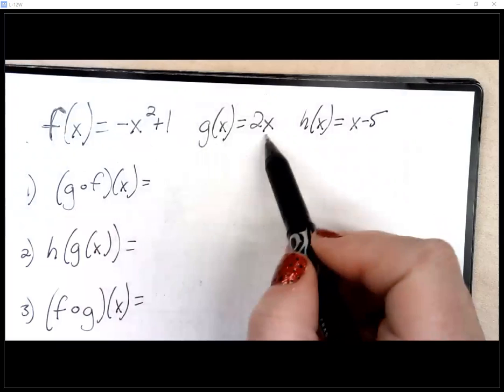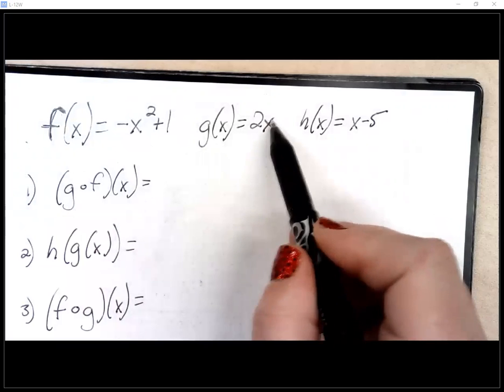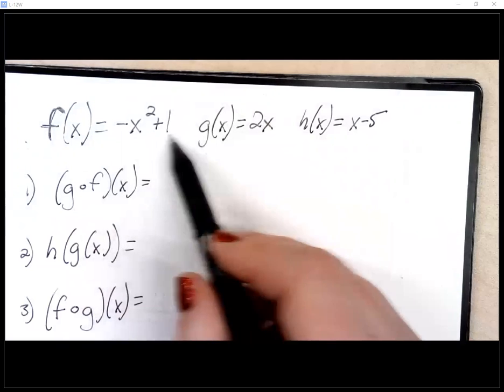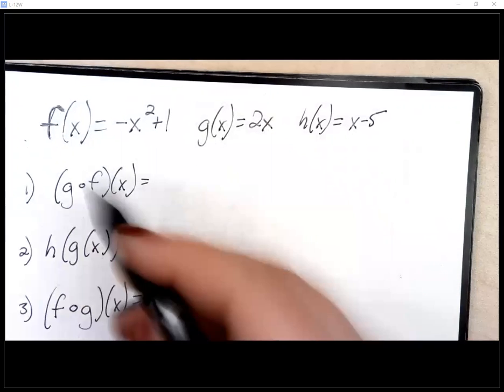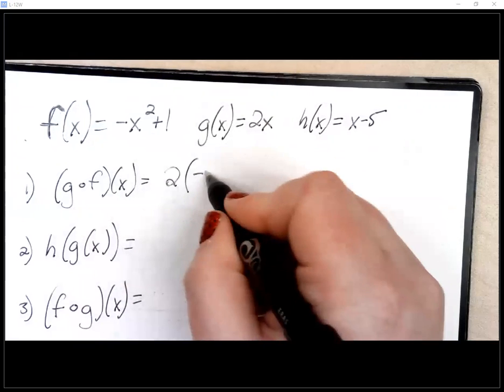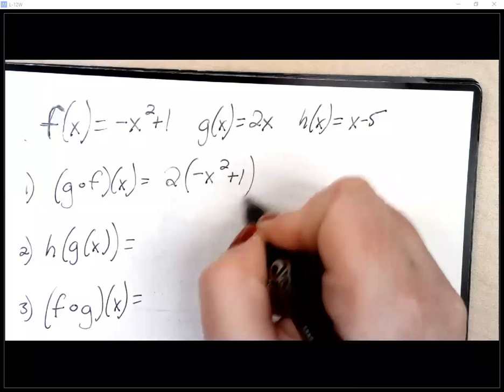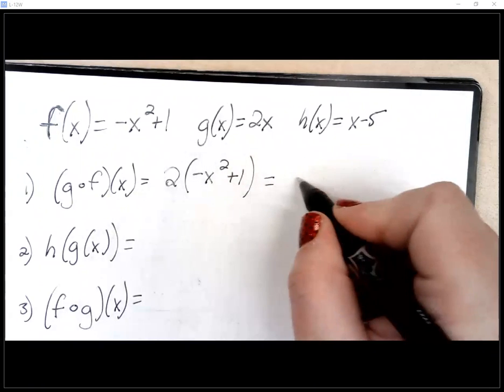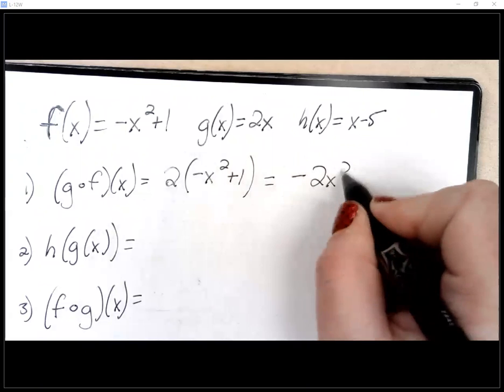I replace that variable with whatever the f function was. So all of this is going to replace that x. So it now looks like this. 2 times, and then all of this, negative x squared plus 1. And then I'm just going to go ahead and evaluate that. So that's how Jimmy got negative 2x squared plus 2 for a correct answer.